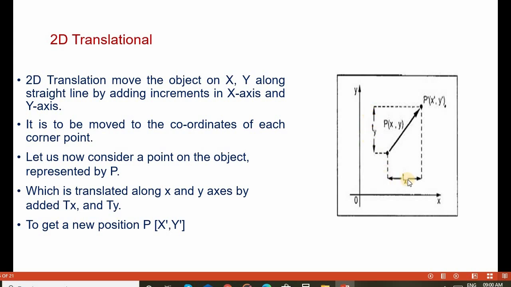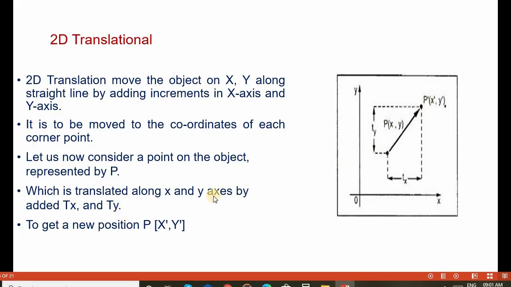In the x-axis we add tx and in the y-axis we add ty. The figure shows the 2D translation. This is the x-axis, this is the y-axis. The point P has coordinates x and y, and we add the increments along the straight line.